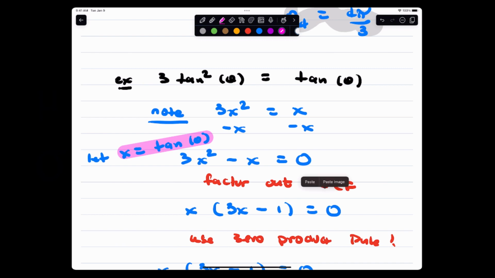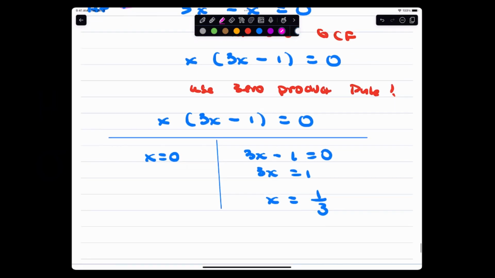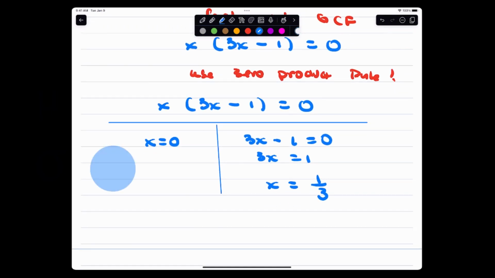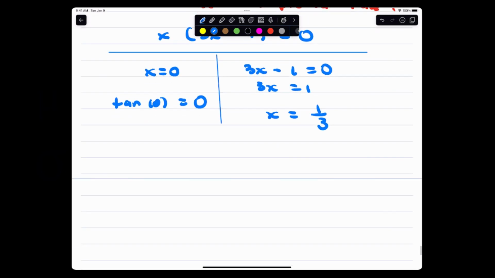What is x? X is tangent right here. So that's why we got this nice equation that we solved. And since x is tangent, we already solved it. What that means is tangent theta equals 0, or tangent theta equals 1/3. Why? Because x was tangent.